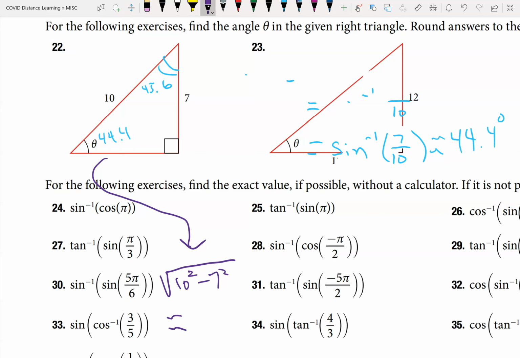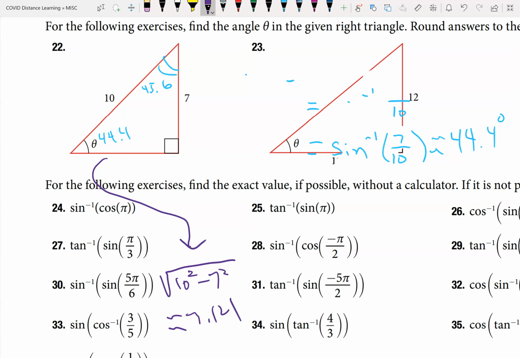Is everybody okay with that? Evaluate that. Use your calculator. That's 100 minus 49, square root of 51. It's 7.14.